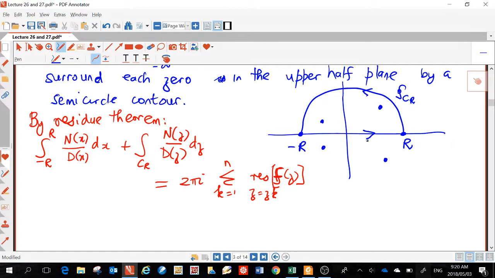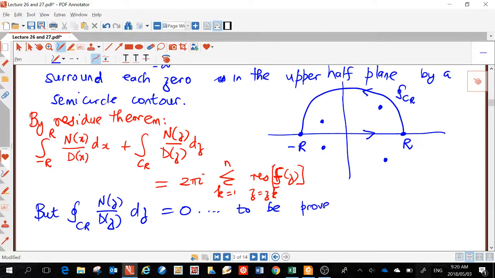Circular contour because it turns out that the integral along the circular contour of n of z over d of z dz is 0. This one will be proved shortly. I'll prove this.